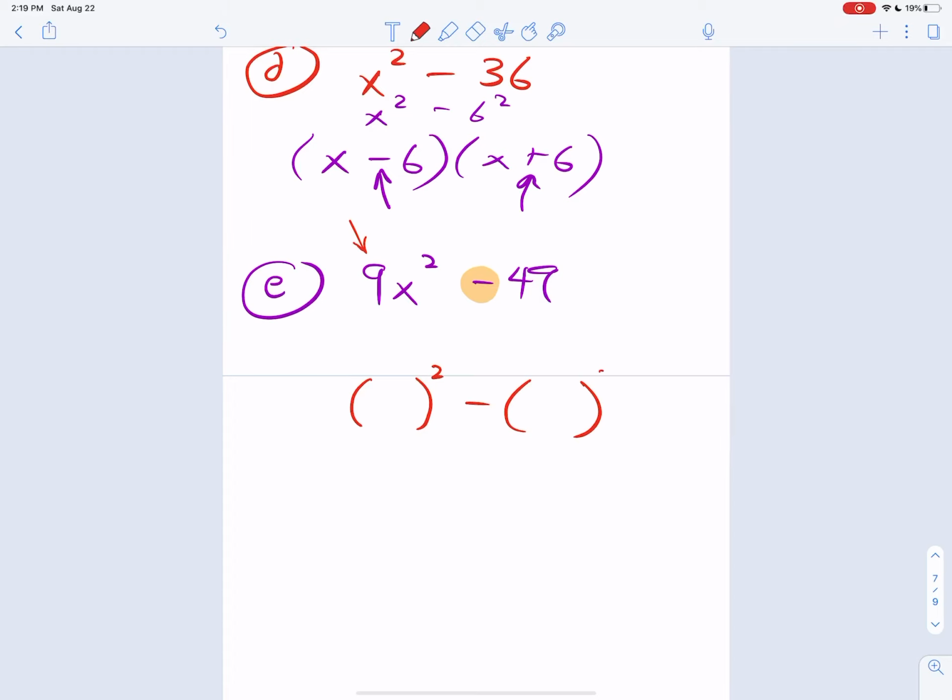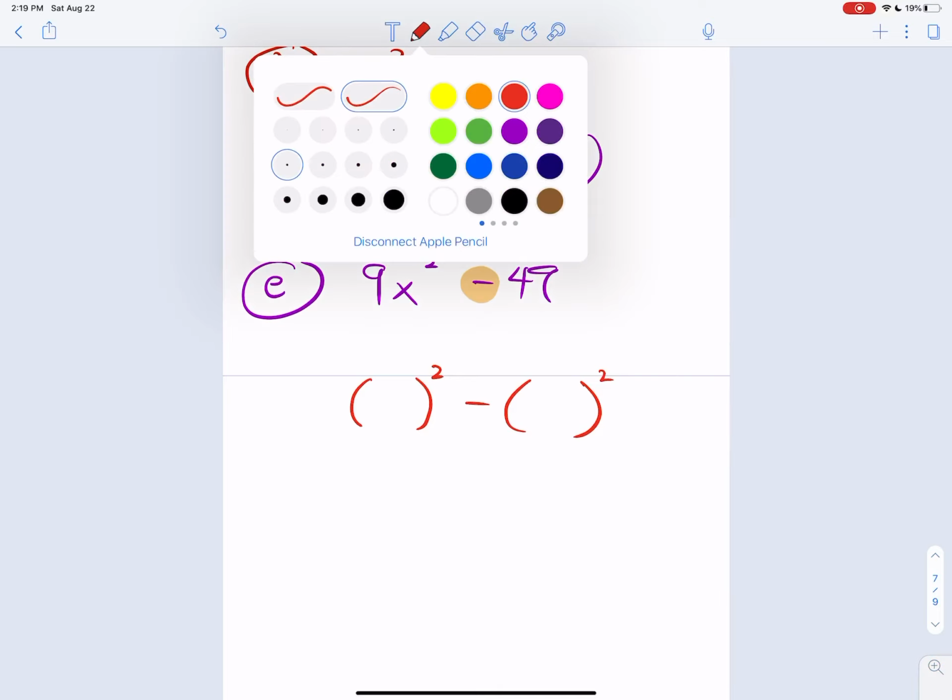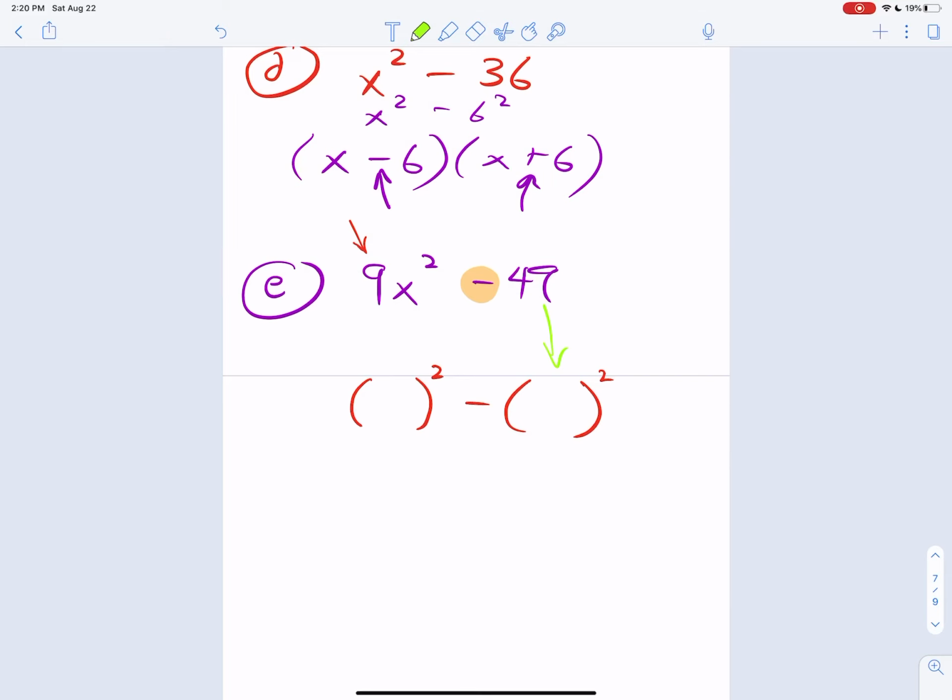You stencil it, okay? I want to make this look like DOTS, right? So let's start with the easier one. What square gives you 49? 7. 7 squared, 7 times 7 is 49. What squared gives you x squared? Kind of a weird question, but it's just x.